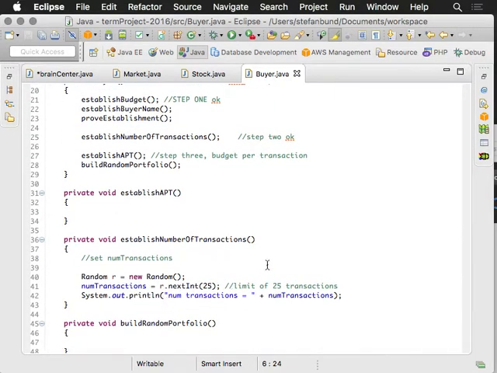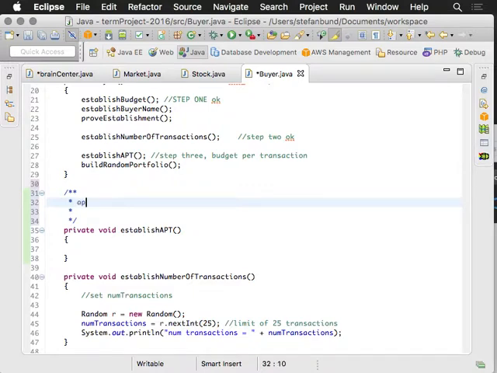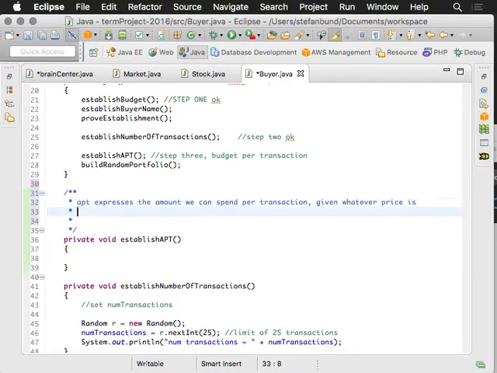So I'm going to move forward into that third statistic, which is the APT. And for any given class, you should kind of document things like this, where we say APT expresses the amount we can spend per transaction given whatever price is per stock, which will differ per transaction.